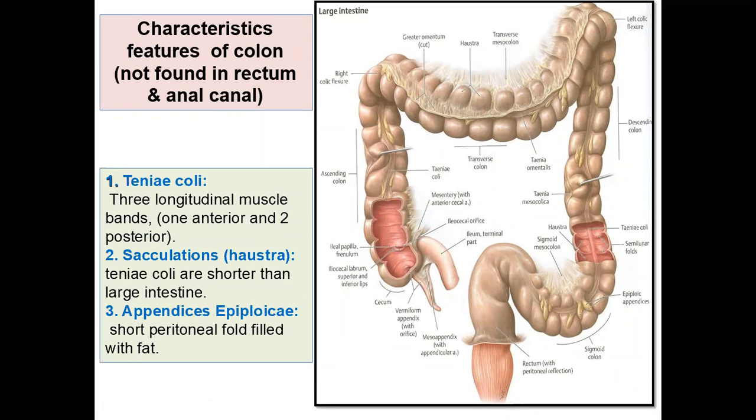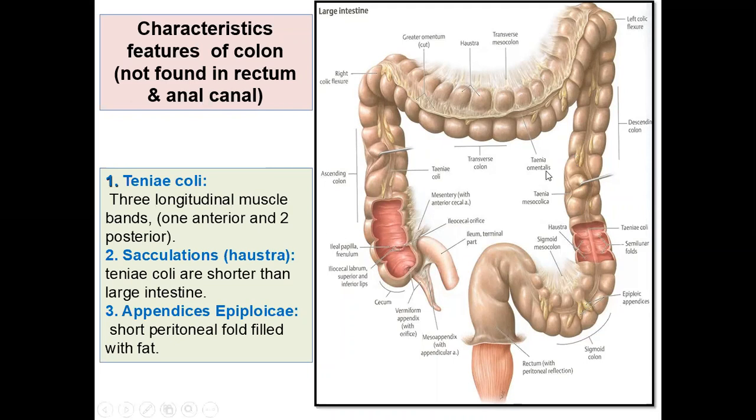Then we have something called the appendices epiploicae, short peritoneal folds filled with fat. If you see here, there is a small quantity of fat within the peritoneal fold covering the large intestine. These are called the appendices epiploicae. They are mentioned here. These are the typical features seen in the large intestine, except the rectum and the anal canal.